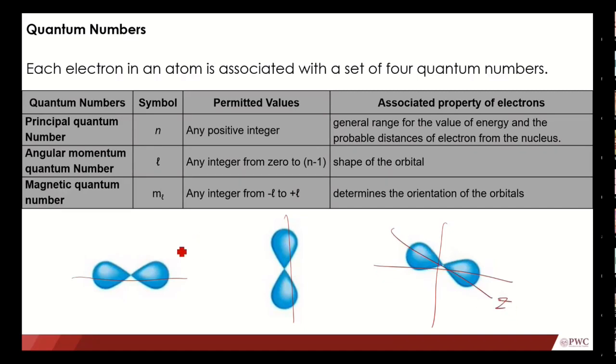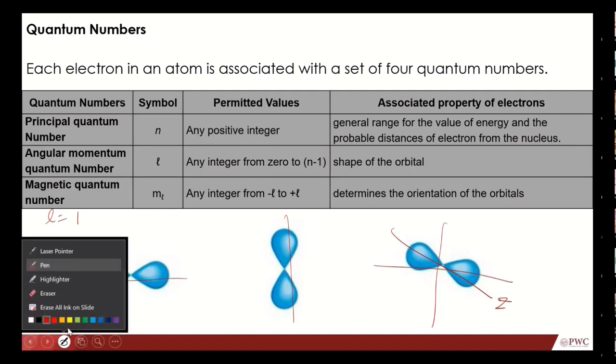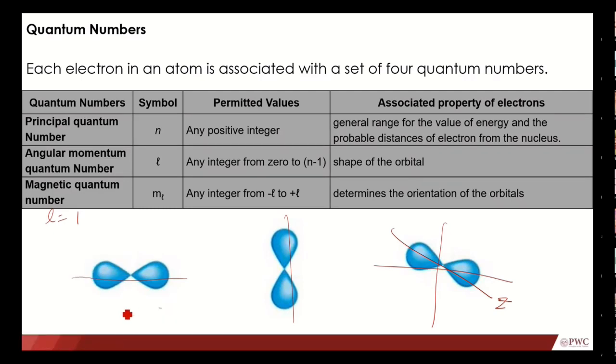So again, for a p orbital, that is when L is equal to 1, m sub L can be -1, 0, and then +1. So again, we have three types of p orbitals.